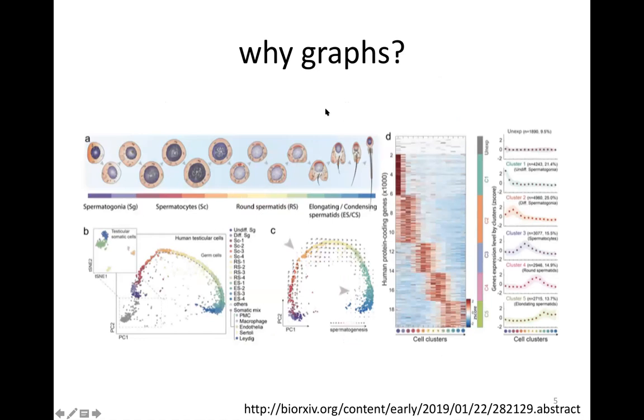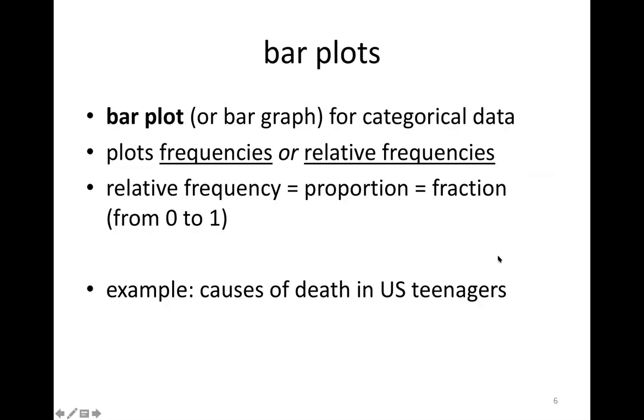They also have a cartoon, as you see, that describes how sperm maturation takes place, and then description of real transcriptome data, RNA sequencing data that describes expression levels measured in single cells. That changes over time, nice representations as you see. So graphs contain a lot of information that help us understand what's going on.